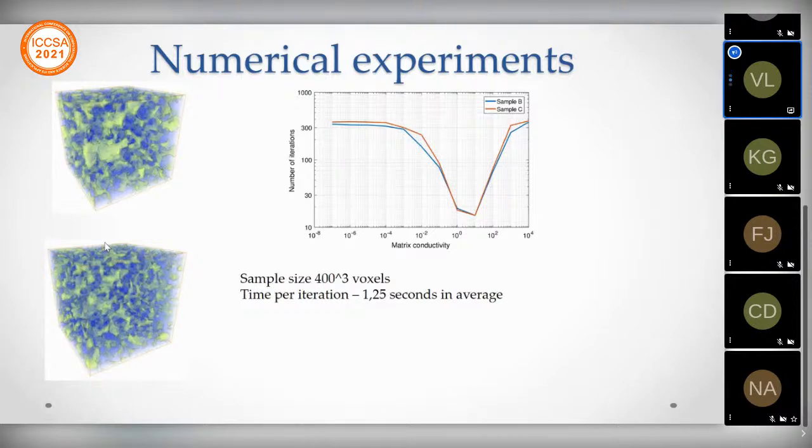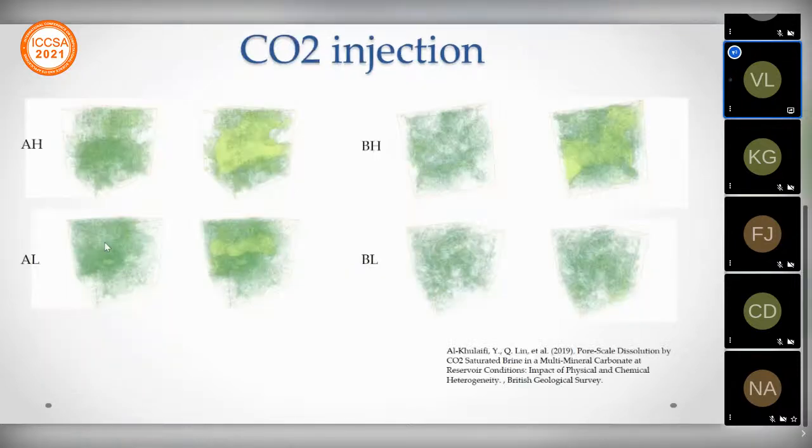The higher the difference, the more iterations we need, but we never need more than 300 iterations. So it means that we can solve the Poisson equation for such a complex geometry, complex topology of the pore space, for samples of up to 400 voxels cubed in no more than 5 minutes. So it's quite a nice performance.